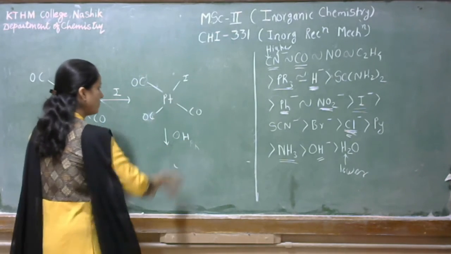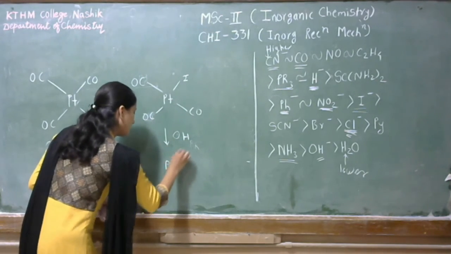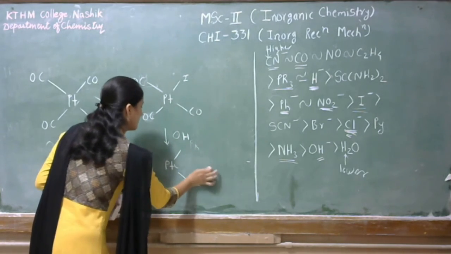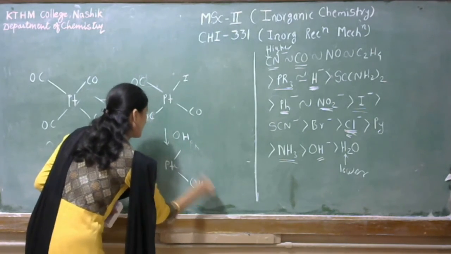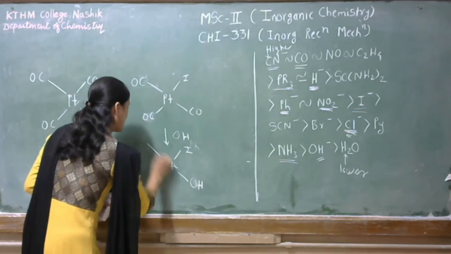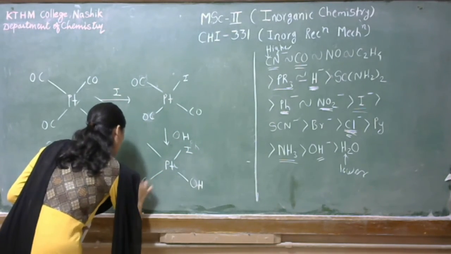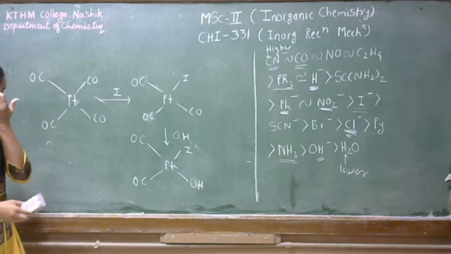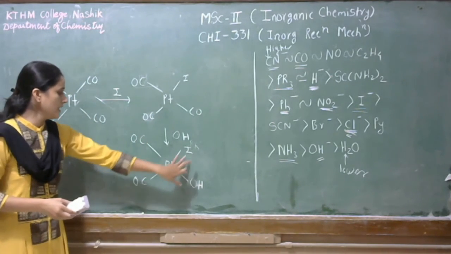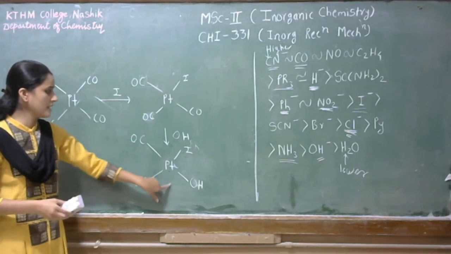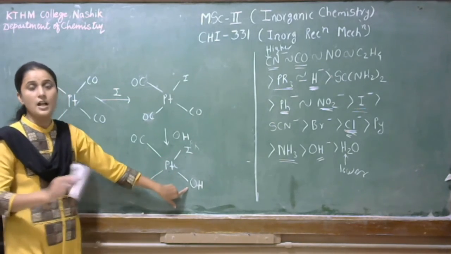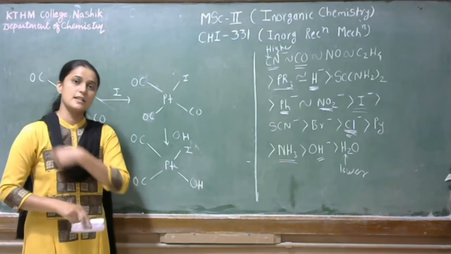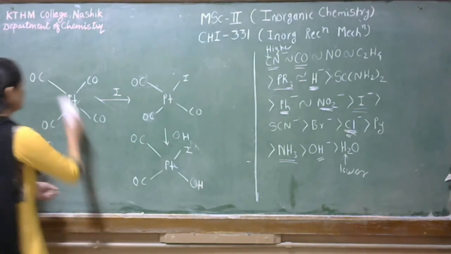So obviously OH is placed at the cis position, and we get the cis isomer. Pt, I, OH, CO, CO, cis isomer. I and OH are placed at cis positions, so we get the cis isomer.